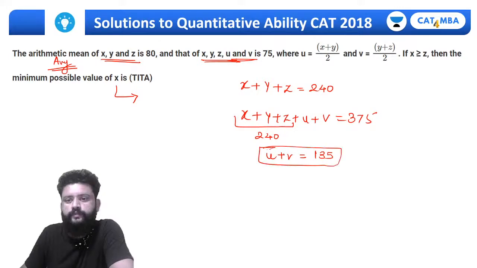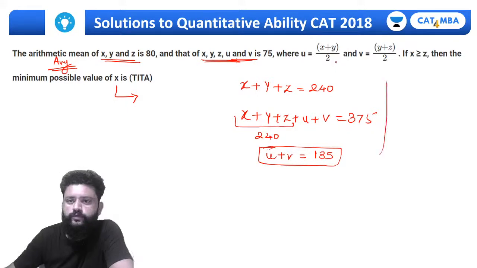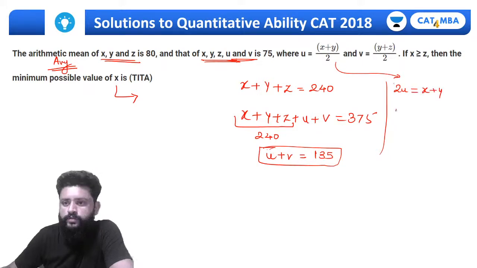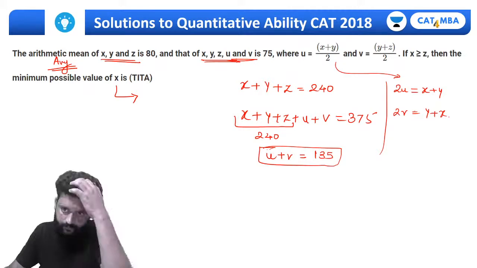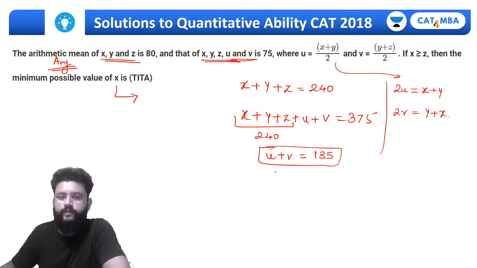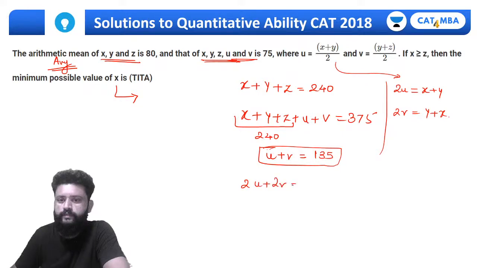After that we know 2u. From here I can say 2u is equal to x plus y. From here 2v is equal to y plus z. So I'll just calculate twice of u plus twice of v, which is 270.